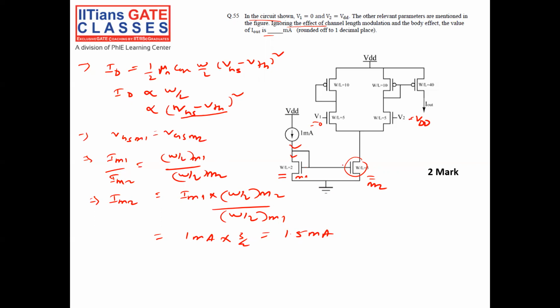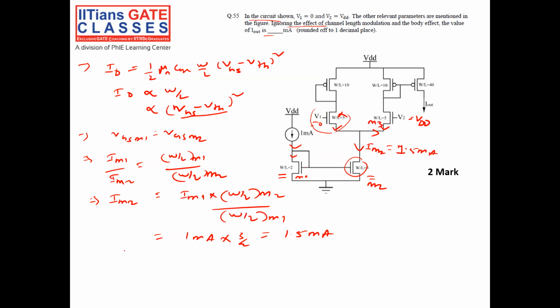Now the current in M2 is 1.5 milliampere. The current has a path, maybe going like this or like this. Two paths are there. But for this transistor, V1 is equal to 0. That means Vg is equal to 0, and the transistor is off. This is cutoff. That means the total current will flow through this transistor. Let this transistor be M3.